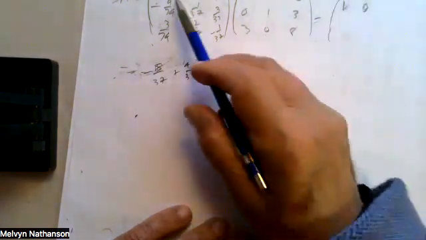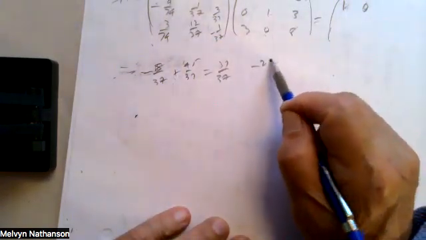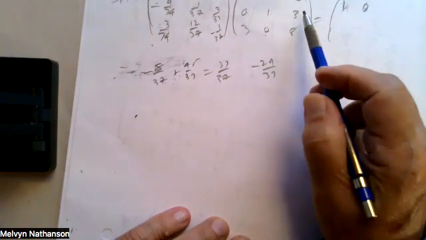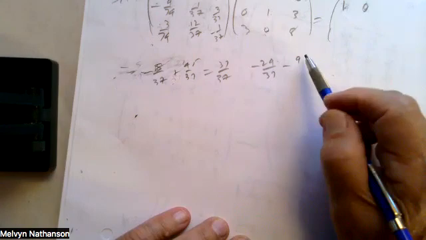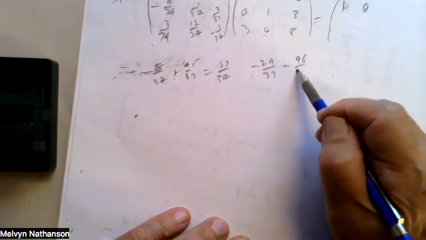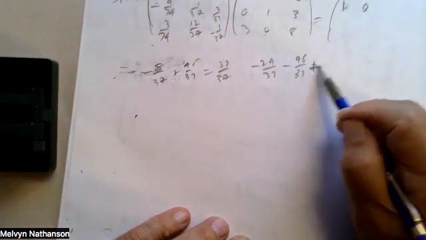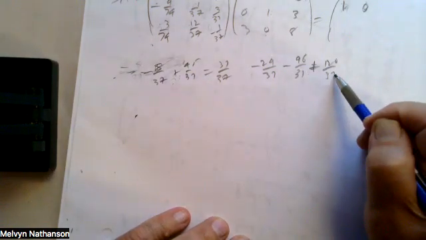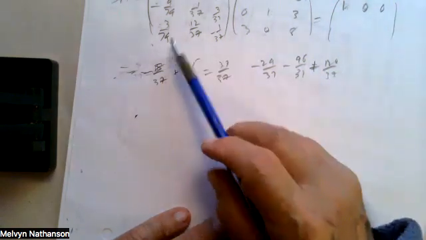I get 0. First row into the third column, I get 6 times minus 4, so that's minus 24 over 37. Minus 3 times 32, which is minus 96 over 37. And 8 times 15 is plus 120 over 37. That's 0.